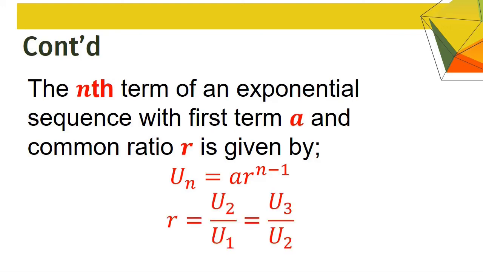And to derive the common ratio, it could be given by the second term divided by the previous term, which is the first term. Or when I choose to pick the third term, I divide it by the previous term, which is the second term, and they all produce the same answer, which is the common ratio.